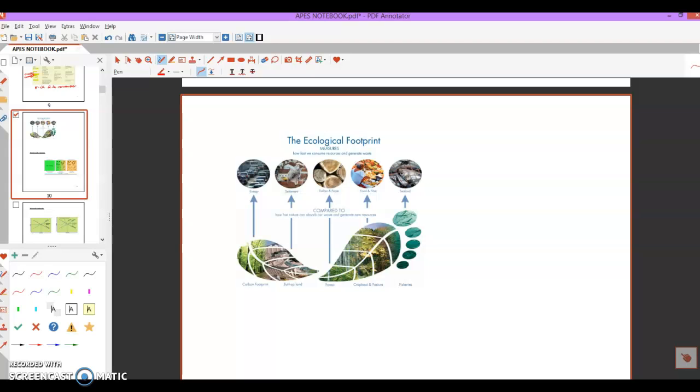So you're going to record basically how you live your life day to day, what type of house you live in, how much you travel, the kind of food you eat, because all of that impacts your ecological footprint.